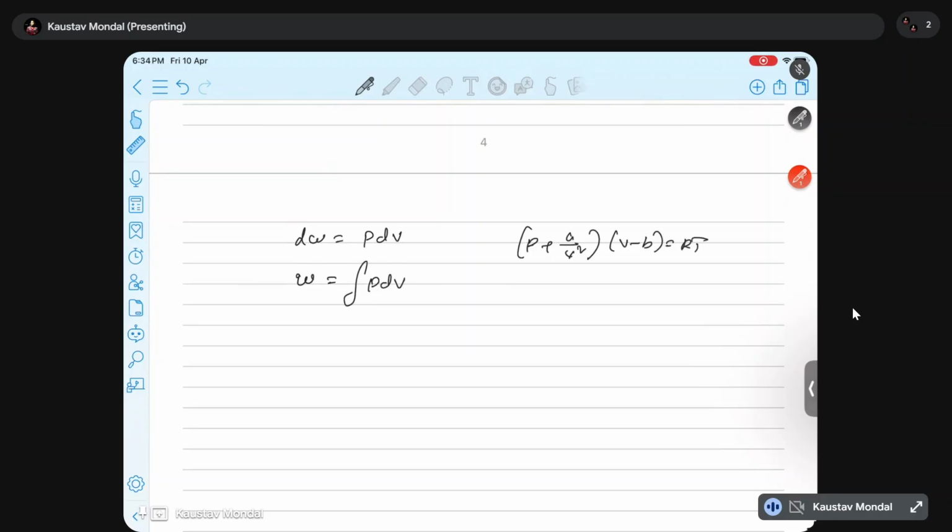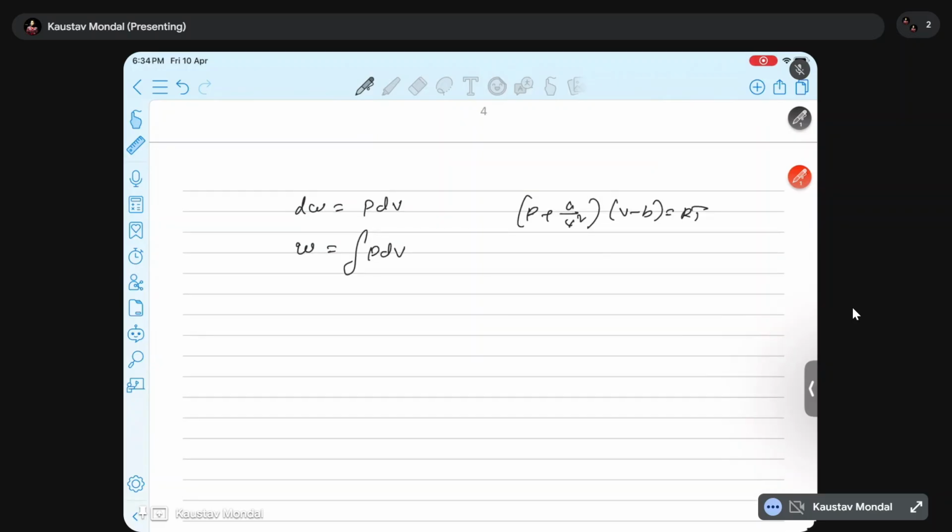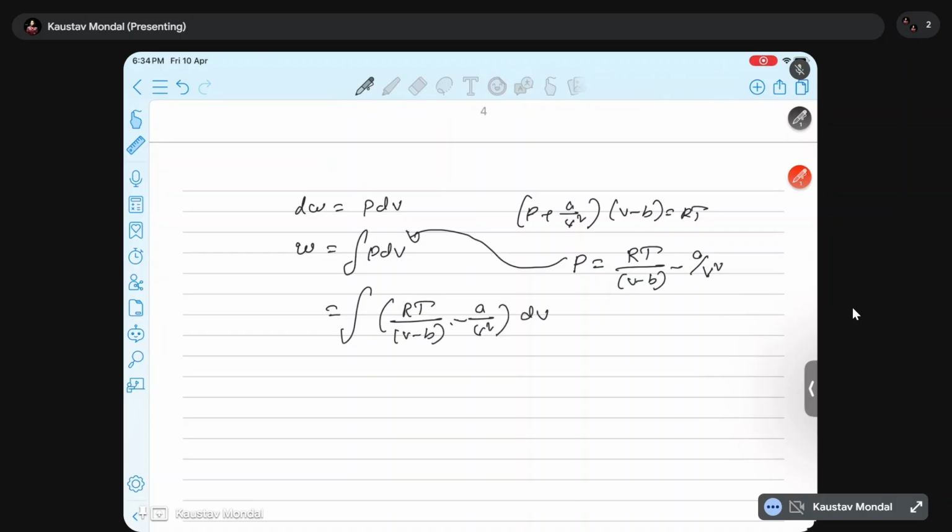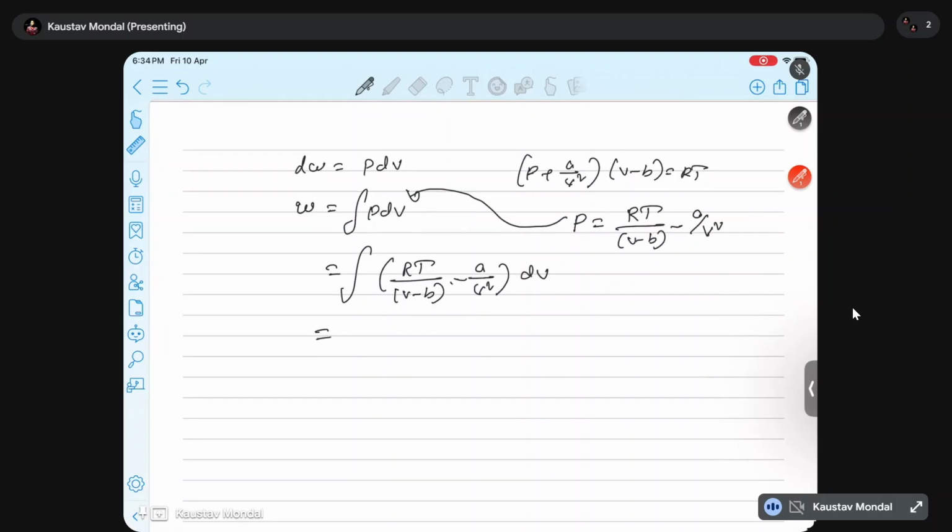Now write P in terms of V, since we're integrating with respect to the volume, right? So P would be RT/(V minus b) minus a/V square. So now substitute the expression of P here. After that, we get the integral of RT/(V minus b) minus a/V square dV. Okay. So the integration limits are V1 to V2, right?